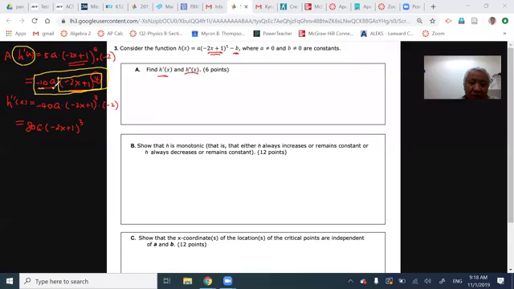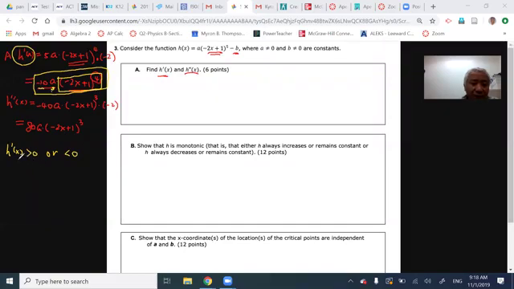So if a is negative, overall will be positive. If a is positive, the overall is negative. So from here we can tell this h derivative of x is either greater than 0 or less than 0, depends on the a, right?